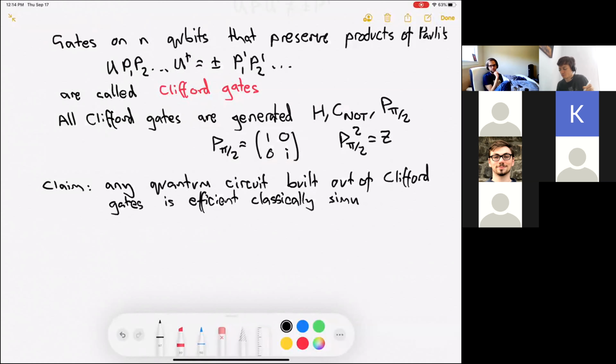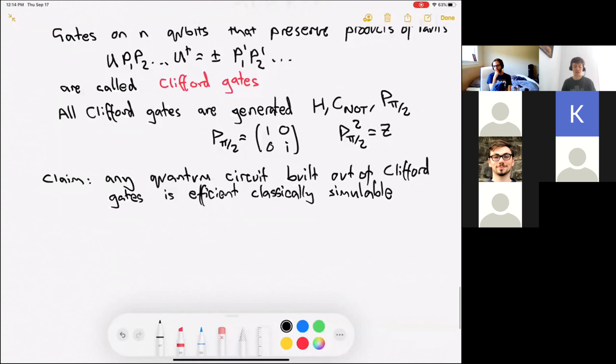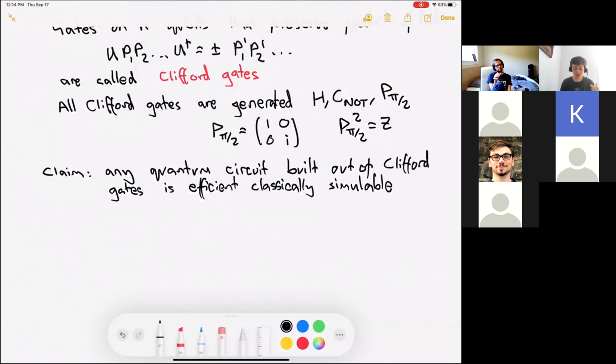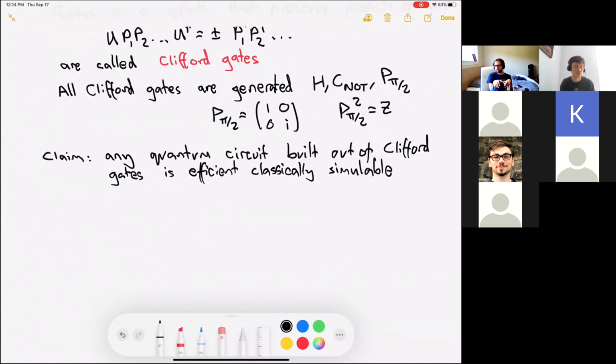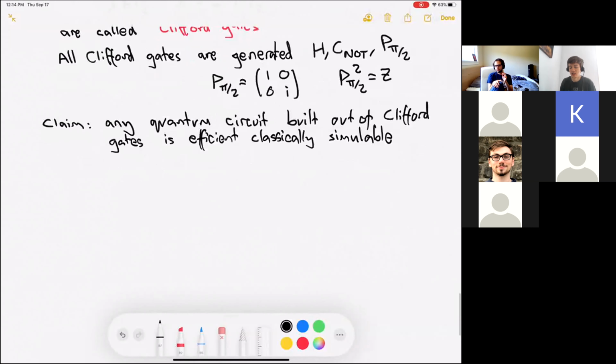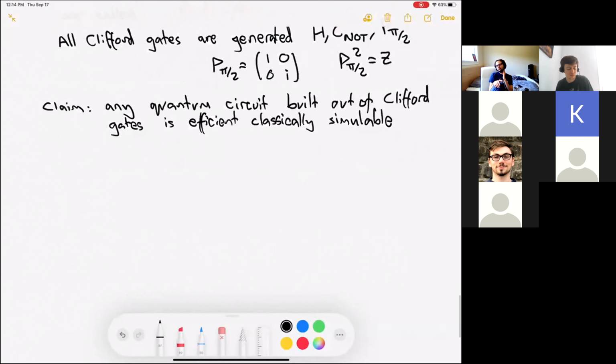Simulable, is that even a word? Whatever, I'm writing it. So having these gates is not enough to do something interesting on a quantum computer that we couldn't just work out anyway on a classical computer. So we're going to need something better than this.